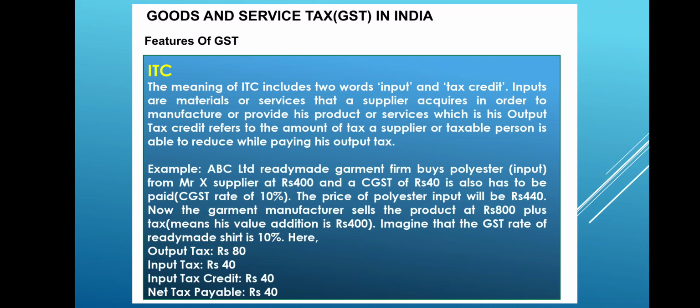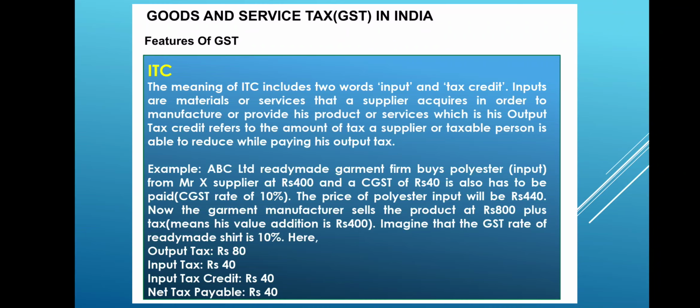Now, the price of the polyester input will be rupees 440, that means 400 plus 40 rupees GST. Now, the garment manufacturer sells this product at rupees 800 plus tax at the rate of 10%, that is rupees 80.